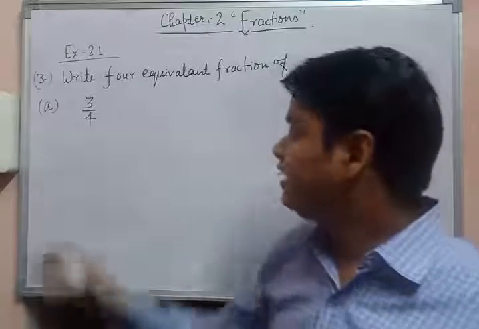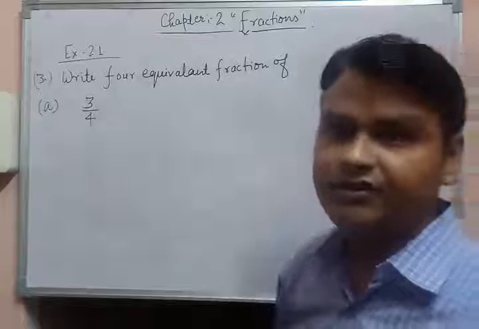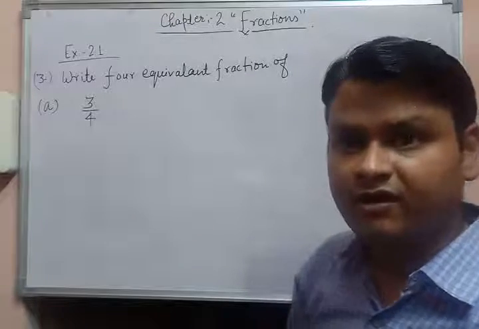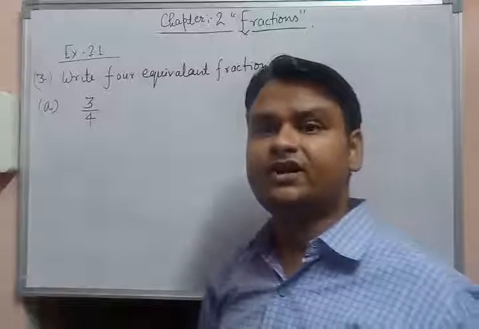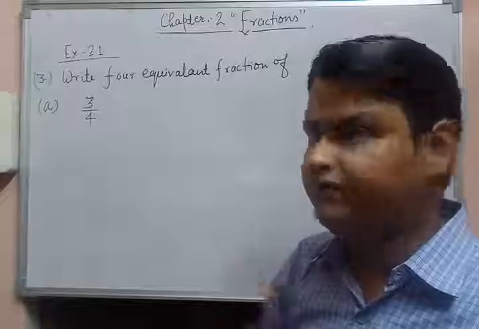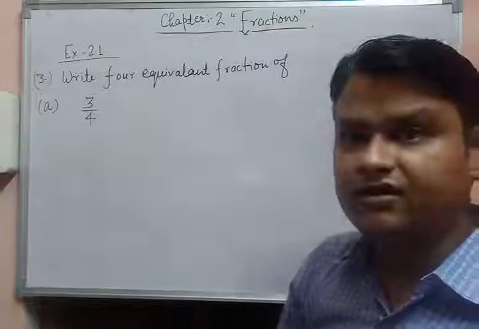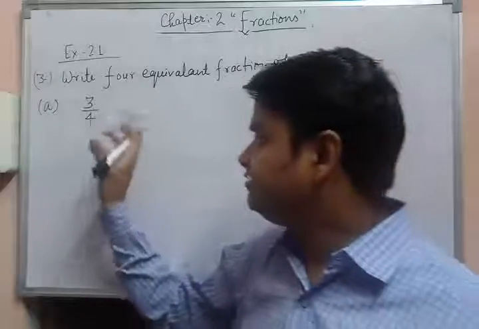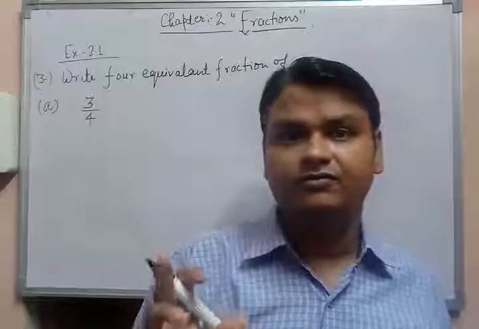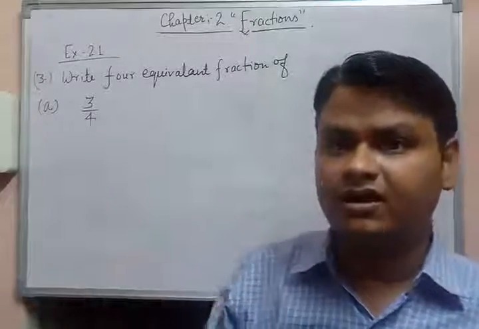So write 4 equivalent fractions of. It means you have to write only 4 equivalent fractions, because every fraction has an infinite number of equivalent fractions. So you have to write only 4 equivalent fractions, beginning from the smallest number.